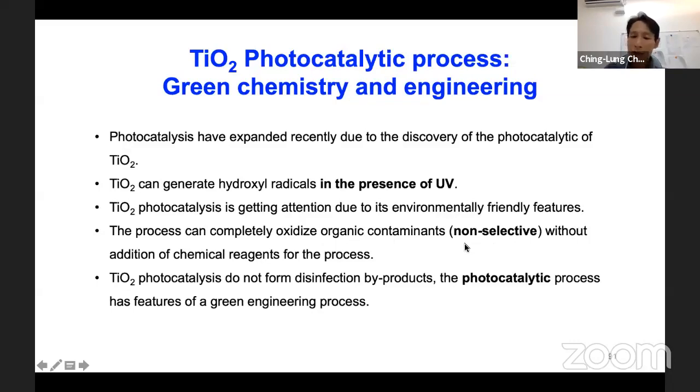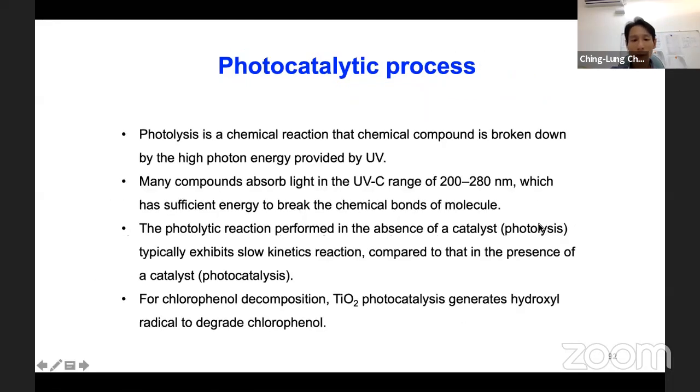Non-selective means the hydroxyl radical will attack all the organic compounds. On the other hand, selective means, for example, the agent will attack organic compounds specifically.